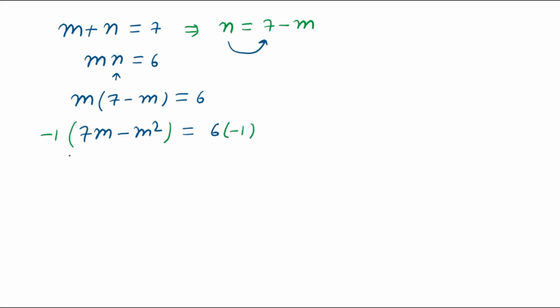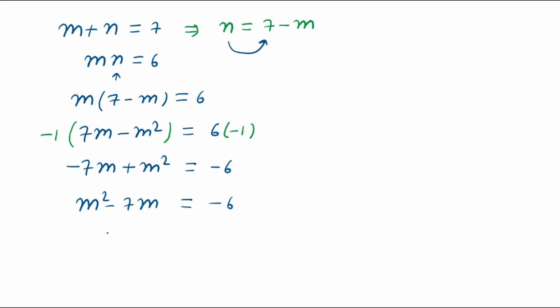Then minus 1 multiplied by 7m gives minus 7m, minus 1 multiplied by minus m² gives plus m², and 6 multiplied by minus 1 gives minus 6. The left hand side is m² - 7m = -6.